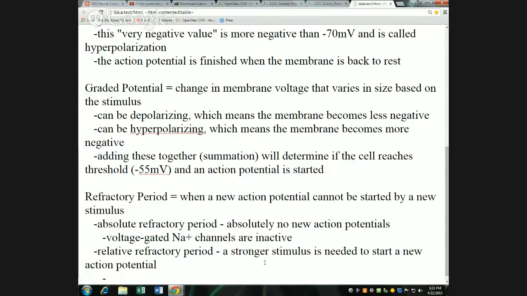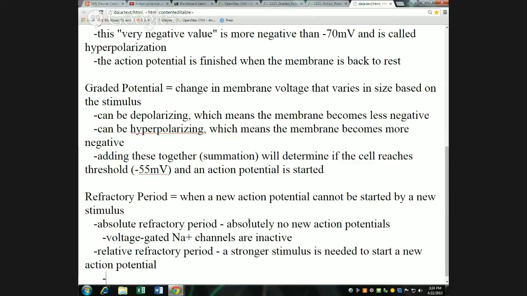As I'm defining a refractory period up here, I say when a new action potential cannot be started by a new stimulus. What's implied there is that it's the same stimulus. So if we get from resting potential to threshold by depolarizing 15 millivolts, depolarizing 15 millivolts isn't going to do it during the relative refractory period. We need to depolarize a lot more than that.